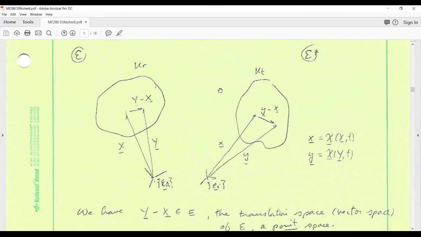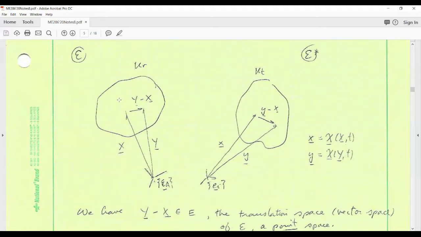So to set the stage here, let's go back to basic continuum mechanics and talk about regions in space and so on. Here's our reference configuration at time t. So we associate a material point with a location in some ambient space, call it E, or calligraphic E. And that space is called a point space.